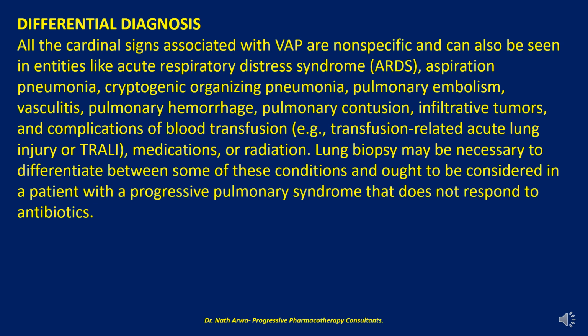Lung biopsy may be necessary to differentiate between some of these conditions and ought to be considered in a patient with a progressive pulmonary syndrome that does not respond to antibiotics.